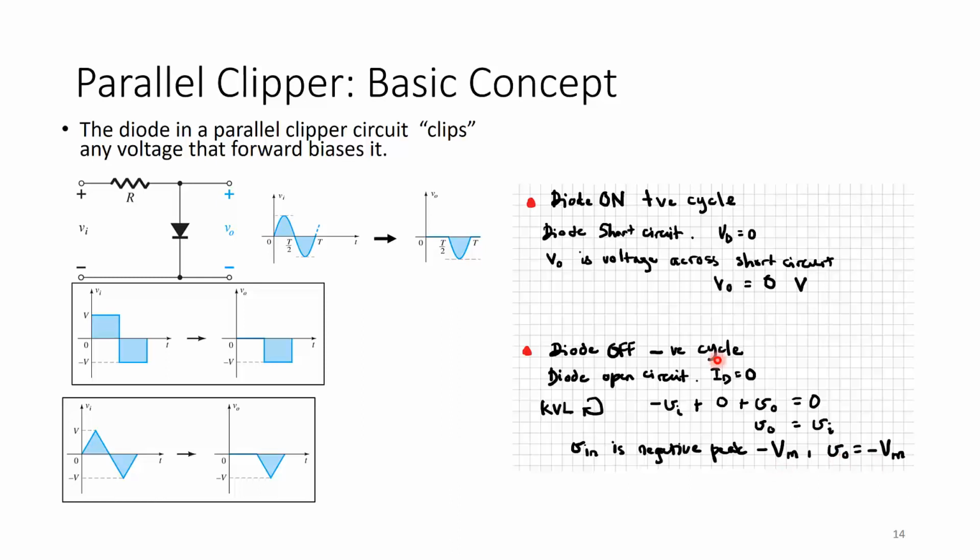So the effect here is that when the diode is on, it clips, opposite to the one that is in series. You don't actually have to remember it. You can always consider in your mind what happens when it's short circuit, and the calculation of Ohm's law and KVL. So here you omit the positive cycle and you keep the negative cycle when it is off.